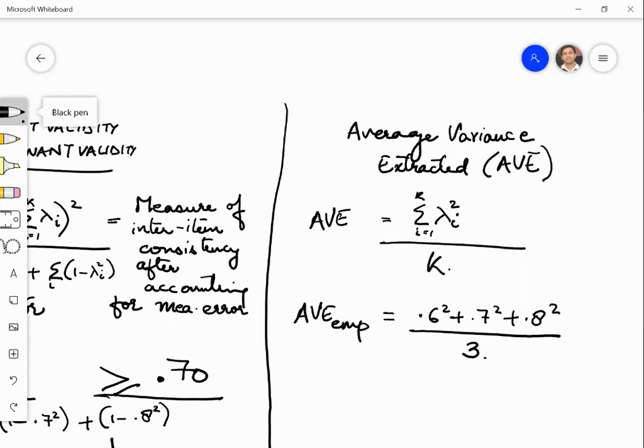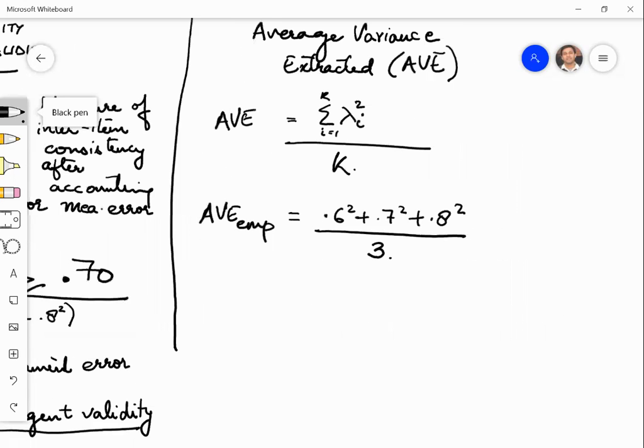Okay, so again, this condition is that this should be greater than 0.50. What does this mean?